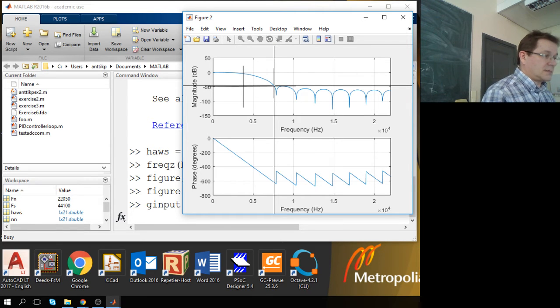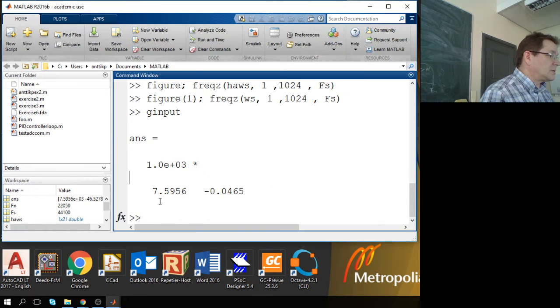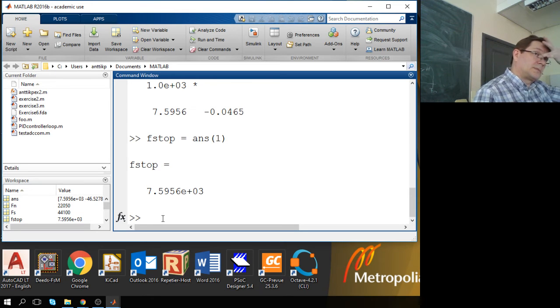Okay, click and enter. Okay, so that's 7,600. So our stop band start frequency is the first value of that answer there. So that's where the stop band starts.